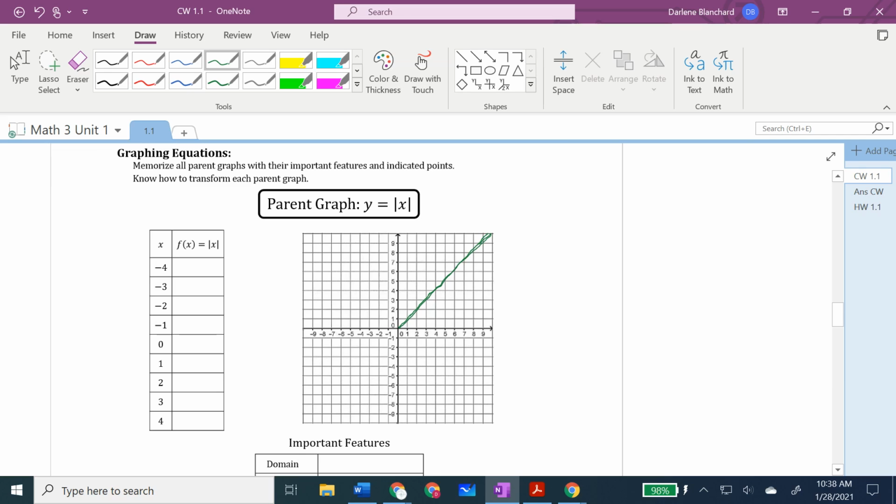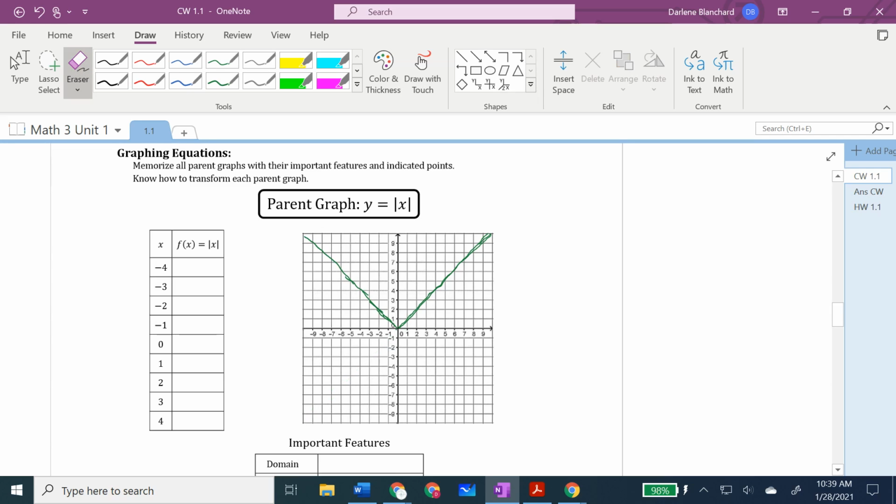But when x is a negative number, what was going to be the continuation of the line y equals x has to be reflected over the x-axis, giving us the V shape.